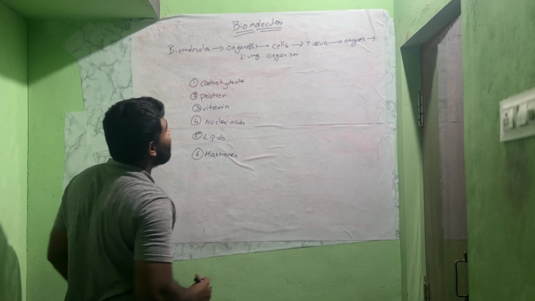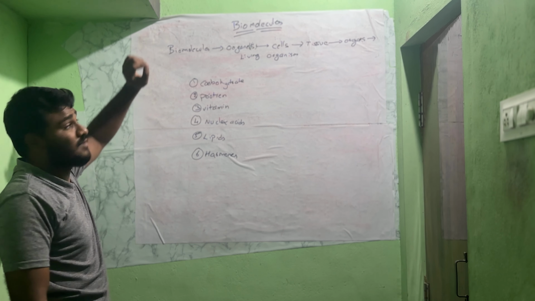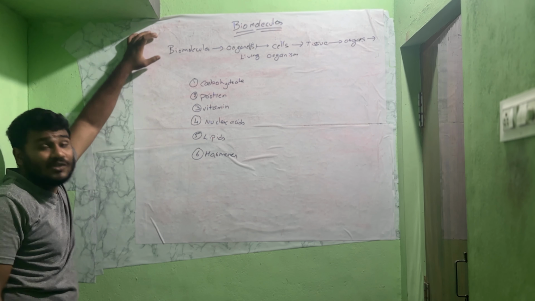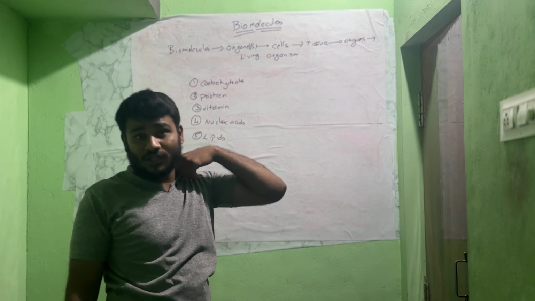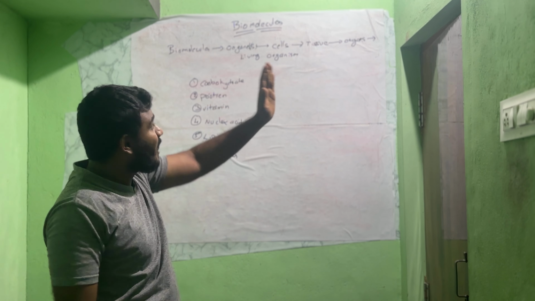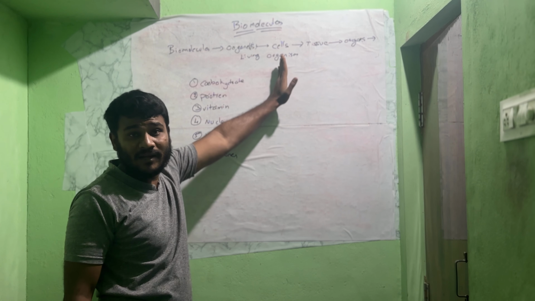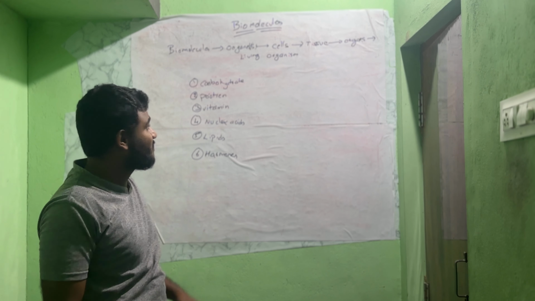As I said, biomolecules are fundamental units for living organisms. Biomolecules will form organelles, organelles will form cells, cells will form tissues, a group of tissues will form organs, organs combinedly will form living organisms.